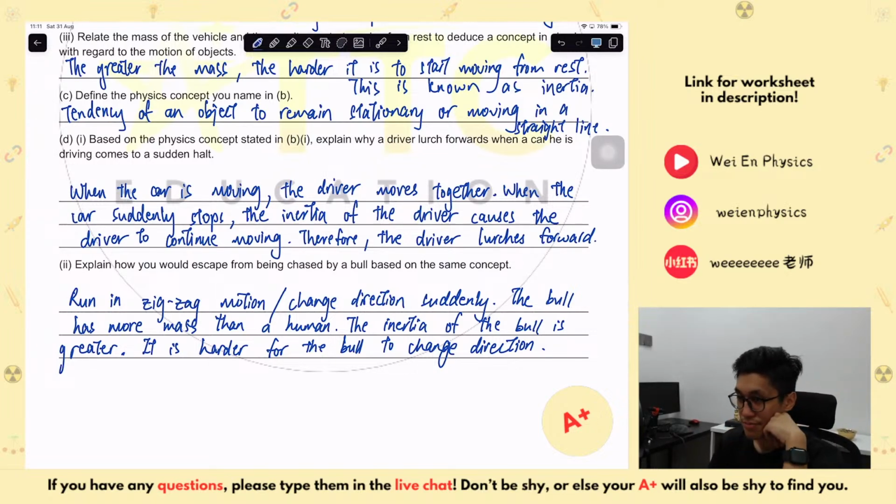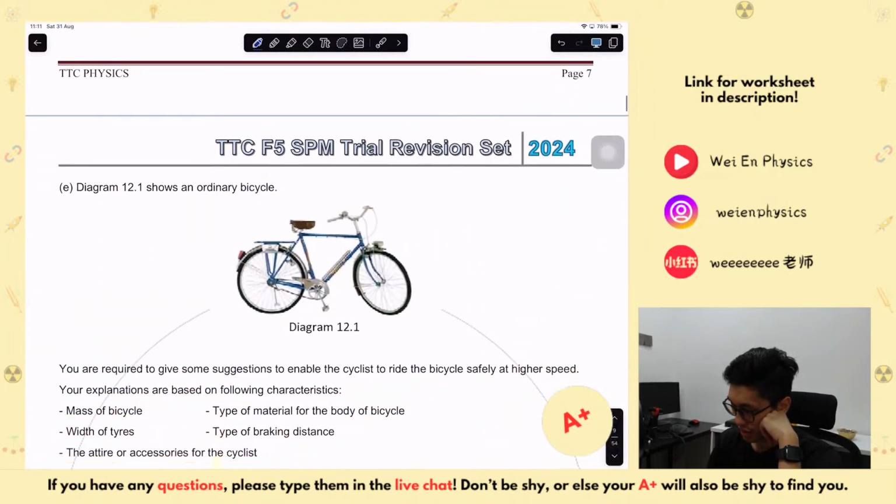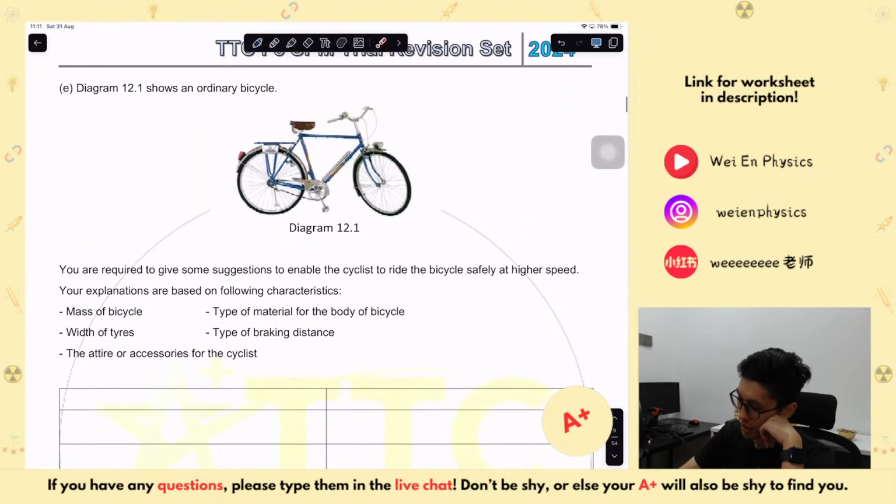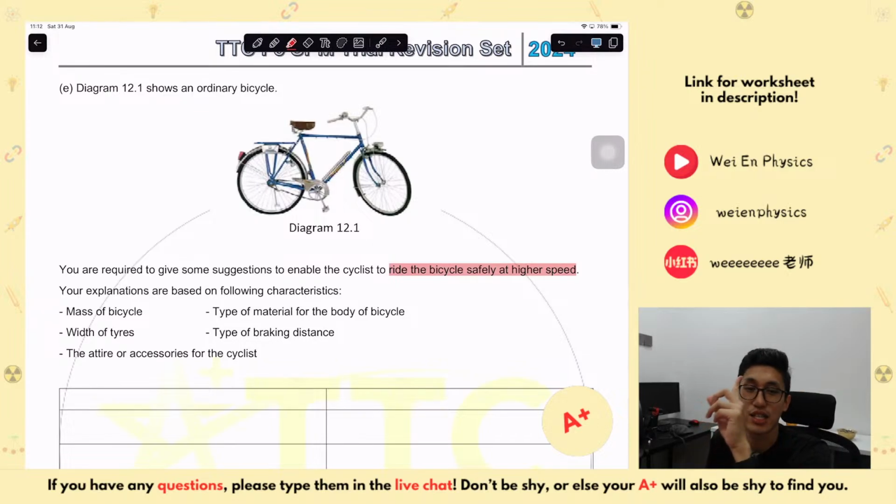So this is an ordinary bicycle, and I want to ride the bicycle safely at higher speed. So it needs to be safer and faster. Braking the car produces a large backward momentum? Cannot, because this is not about momentum.